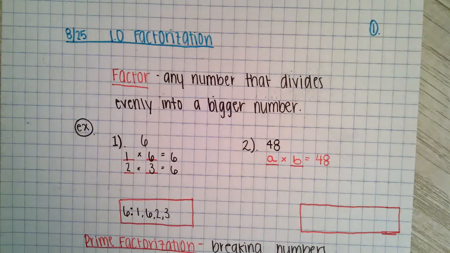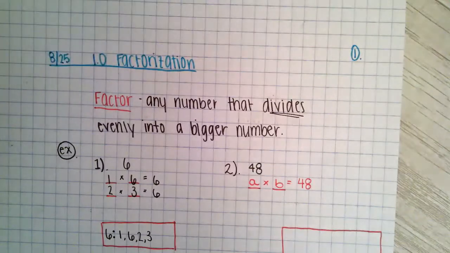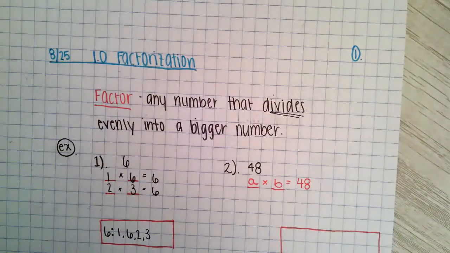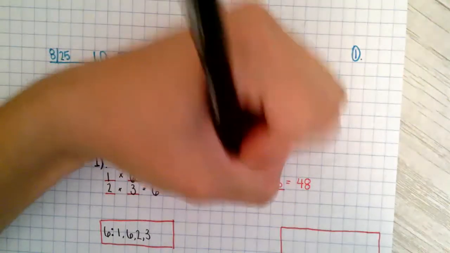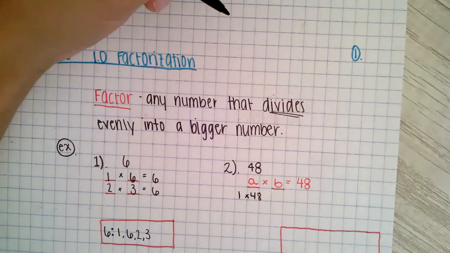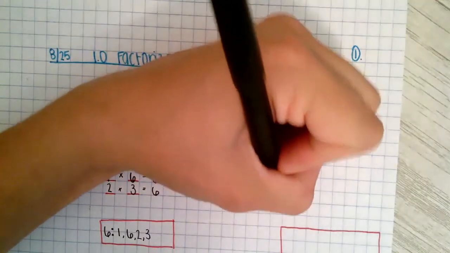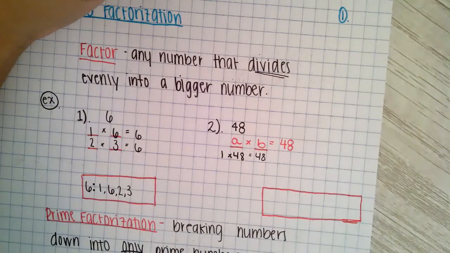An example that might be a little bit more tricky would be something like 48, and this is where that division comes in. So looking at 48, I already know 1 times 48 gives me 48. What about 2?